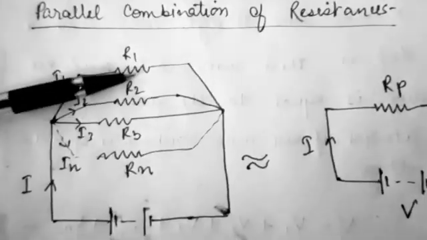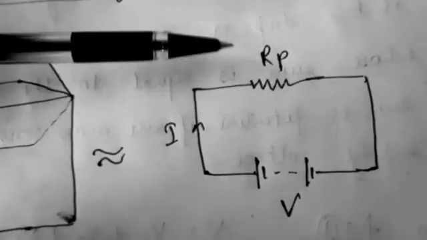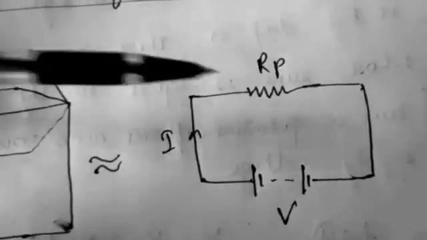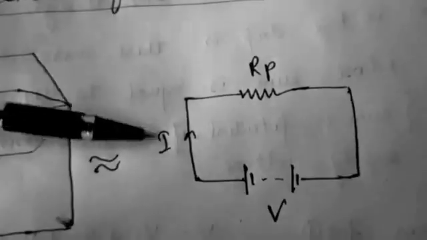If we replace R1, R2, R3 and Rn by a single equivalent resistance Rp, or resultant resistance Rp, then we can easily find the net current flowing through the circuit.